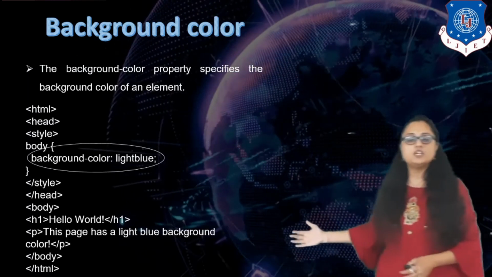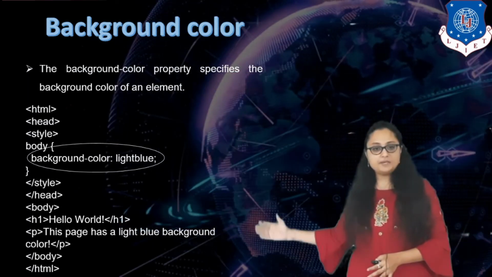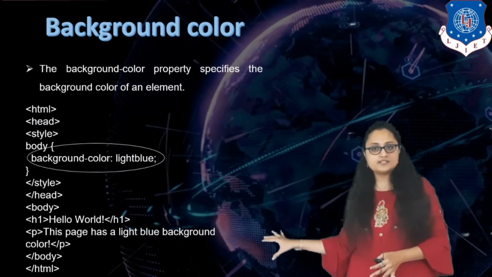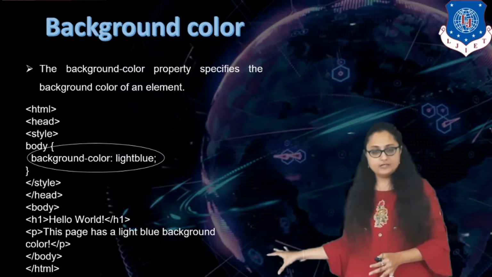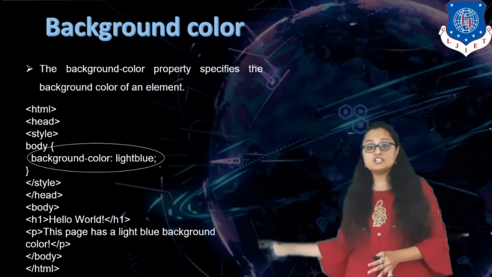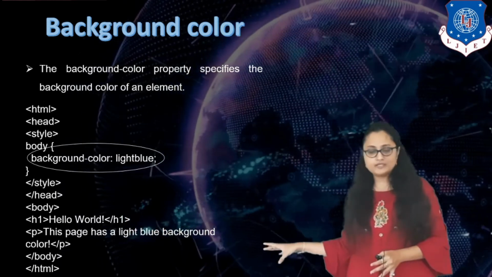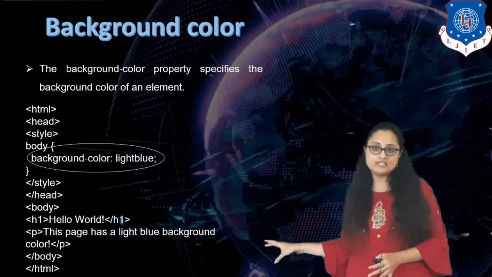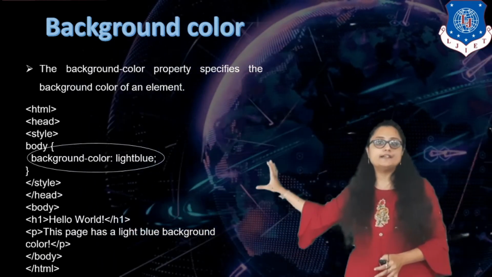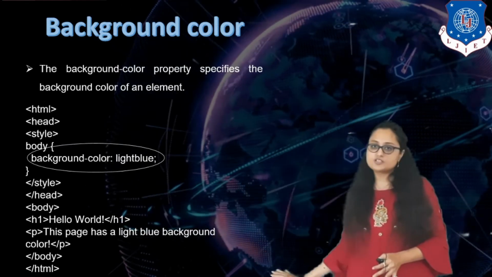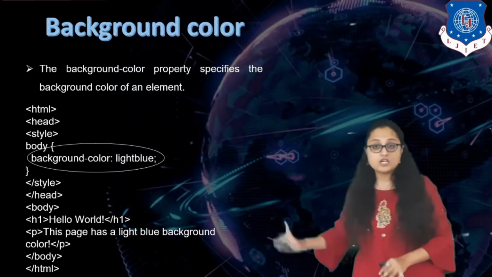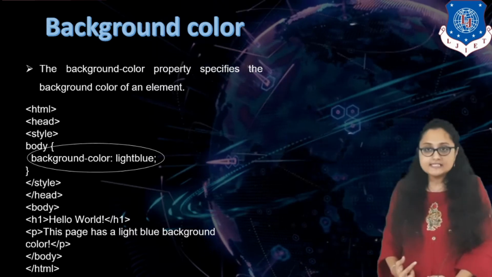You can see over here that in my HTML I have one heading in which I have written some text, and I have a paragraph, right? The text color is black by default. You know that the text color is black by default in HTML. We are not altering the text color over here. So text color will not change, it will be black. But what are we giving in the CSS property?